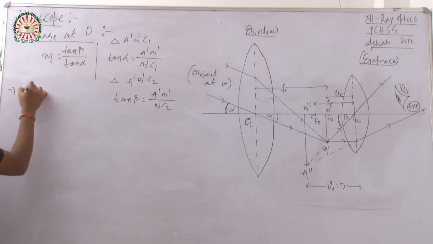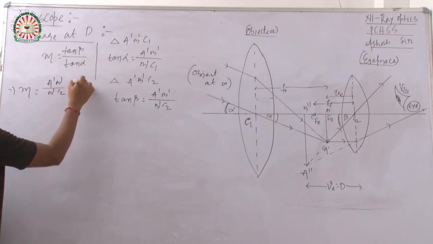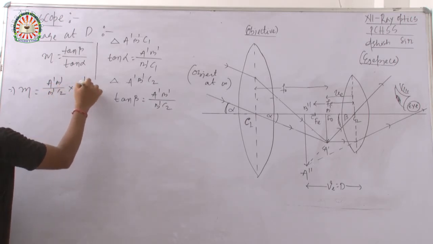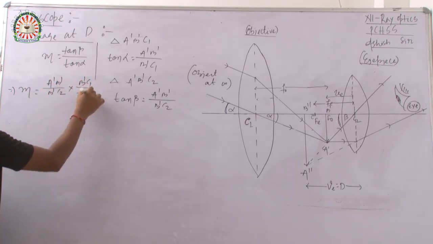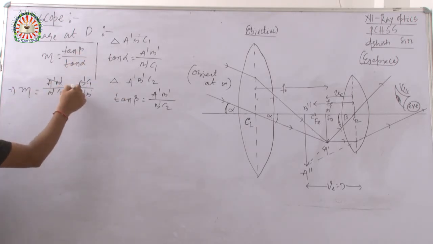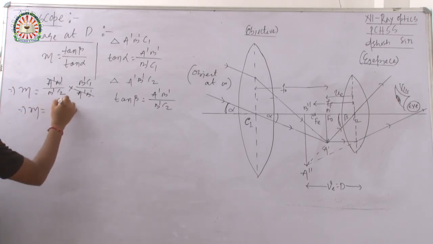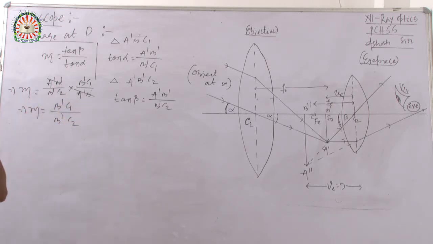Now put these things into this equation. Tan beta is A'B' by B'C2, whole into B'C1 by A'B'. Put this value, it will be given like this. A'B' will cancel out. So we found m equals B'C1 by B'C2.